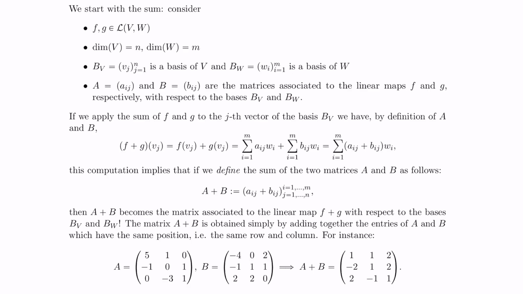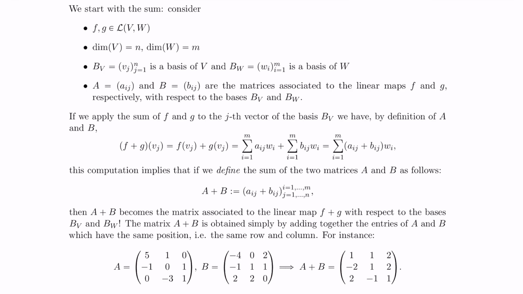Now, if you go back to the definition of matrix associated to a linear map, you see that these entries of the matrix A are exactly the coefficients that appear in the expansion of f of v_j on the basis B_W. Similarly, the entries b_ij of the matrix B are exactly the coefficients that appear in the expansion of g of v_j over the basis B_W.